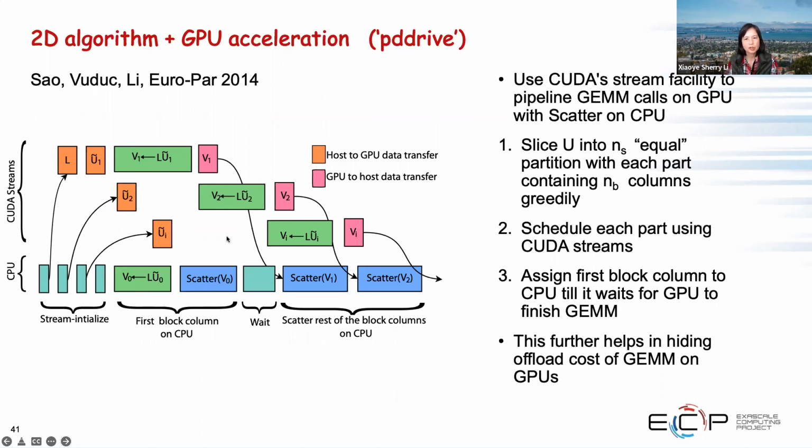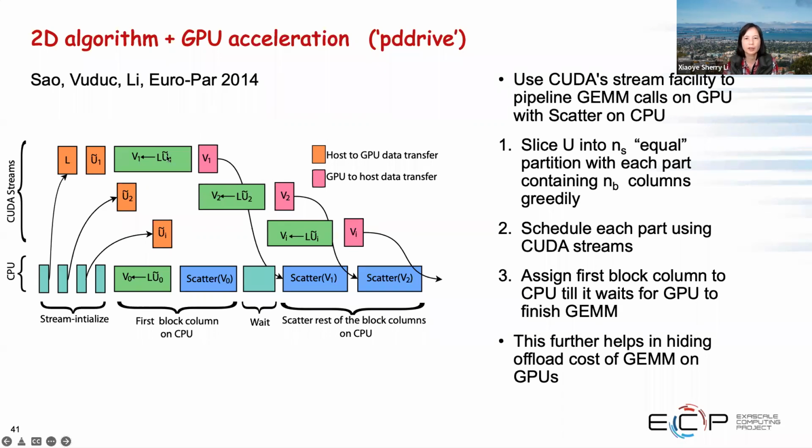But you have to slice this GEMM into multiple streams. Otherwise, the communication between CPU and GPU will become dominant. So using this slicing, you can overlap the communication phase with the GEMM operation on the GPU.